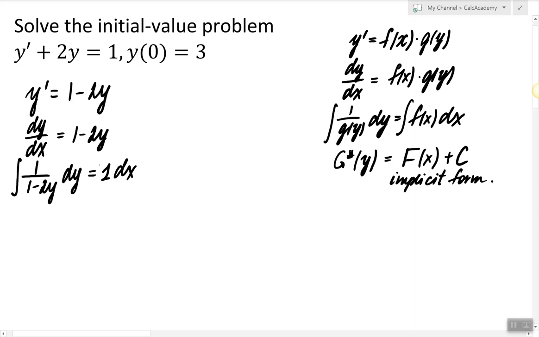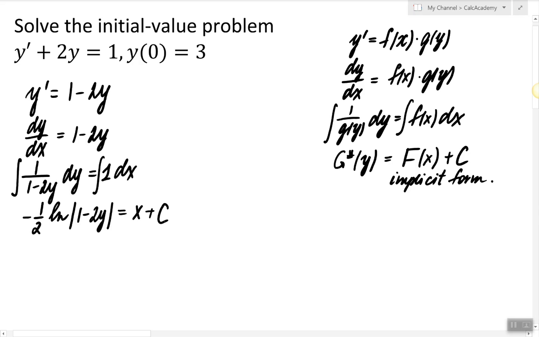After that we integrate both sides, and on the left hand side we have negative 1/2 natural log of the absolute value of 1 minus 2y, and on the right hand side we just have x plus c.